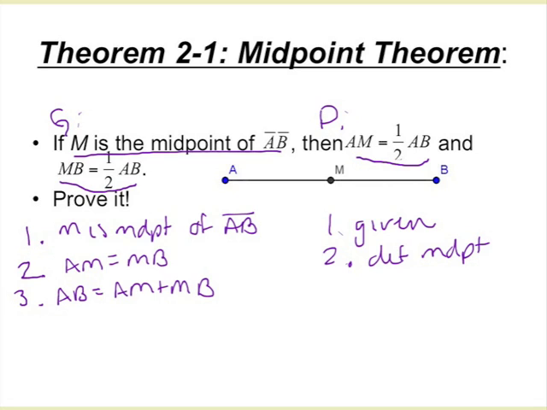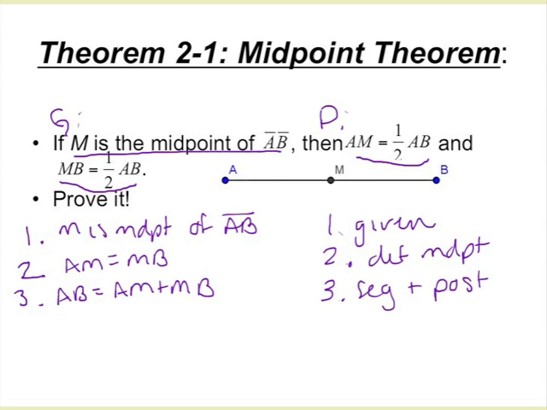This one we learned back in chapter 1, and we also applied it yesterday in some of our problems. This was called our segment addition postulate. We can add together two little segments and get a bigger segment.